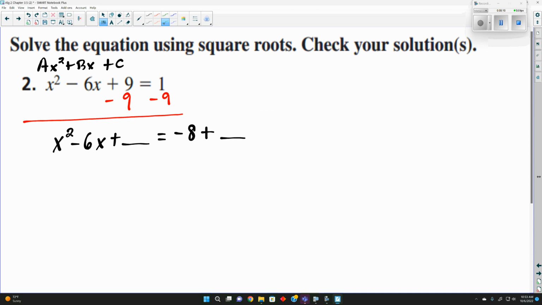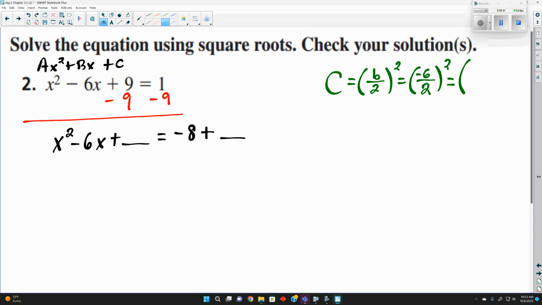Any questions on steps 1 or 2? So step 3 is to find the value of C. And C here is equal to B over 2 squared. In this case, the value of B is what?